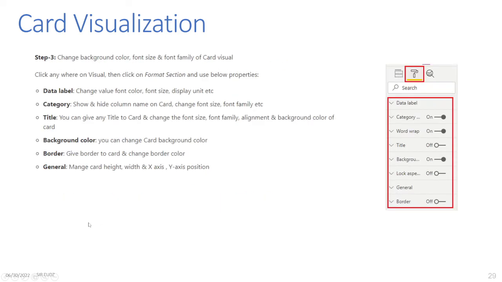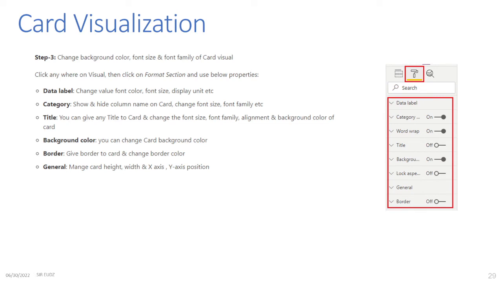Step 3, change the background color, font size, and font family of the card visual. Click anywhere on the visual, then click on the format section and use the properties below. We have data label: change value, font color, font size, display unit, etc. Category: show and hide the column name of cards, change font size, font family, etc. Title: you can give any title to the card and change the font size, font family, alignment, and background color of the card.